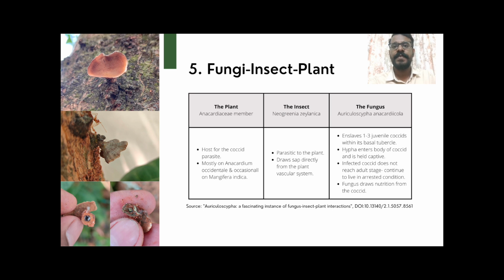If you think about it, this is kind of a population control. So the fungus controls the population of the parasite, which in turn helps the plant. The fungus does not have a direct relationship with the plant, although it grows on the plant, but it has an indirect effect on it. This particular mushroom was described in Kerala and is not reported from any other part of the country.